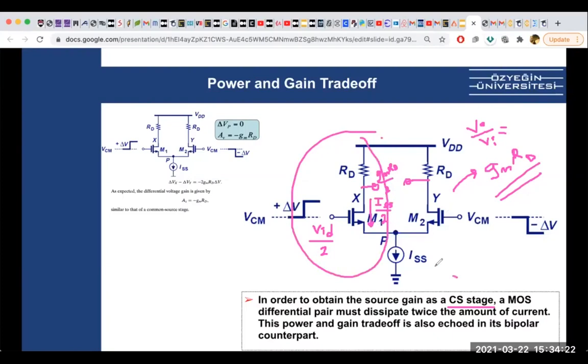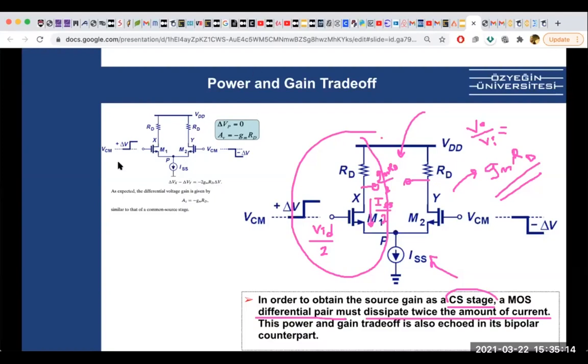Then why are we having 2 times the current? A differential pair basically dissipates twice the amount of current of a common source stage. We have delta Vx minus delta Vy.